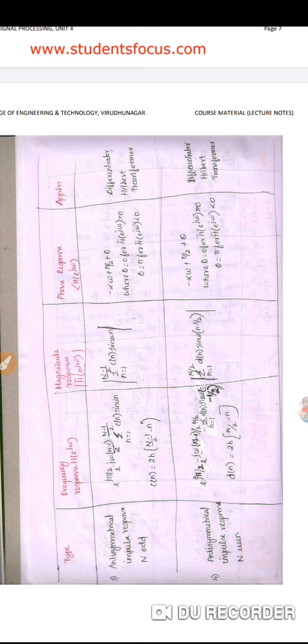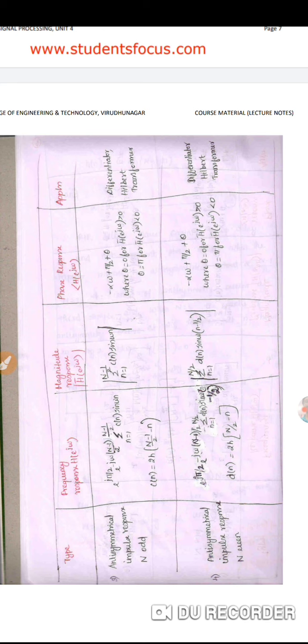The phase response can be given by minus alpha omega plus pi by 2, and here we have to add plus theta. For positive values of the frequency response, theta is equal to 0, and for negative values, theta is equal to pi. The applications are differentiators and Hilbert transforms.